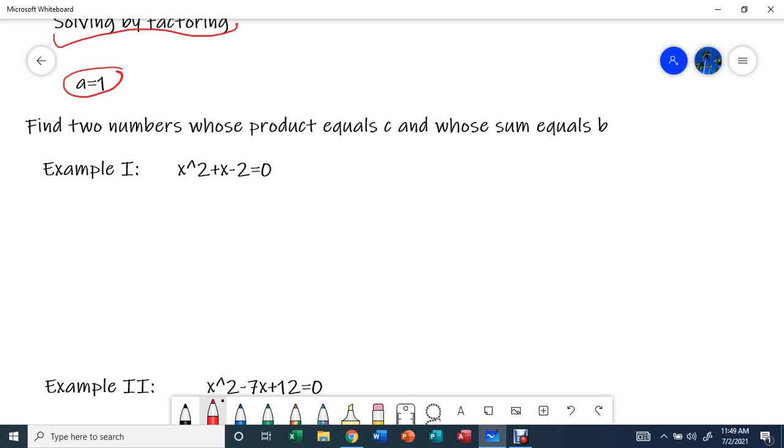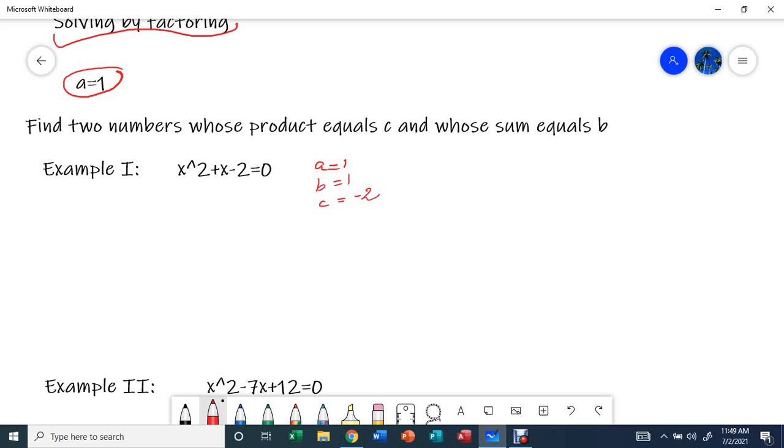It's going to be more clear when we do concrete examples. So let's look at example number 1: x squared plus x minus 2. In this case, a is 1, the leading coefficient of x squared, b is 1, and c is negative 2.